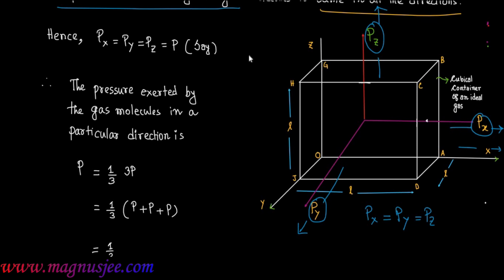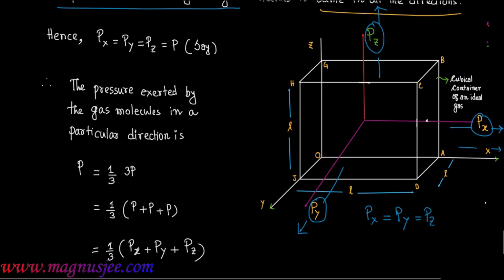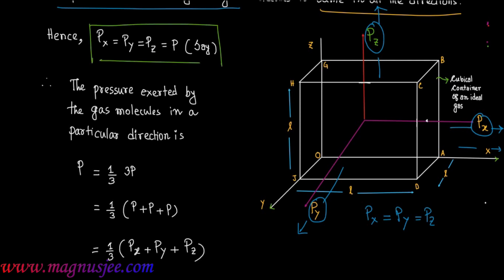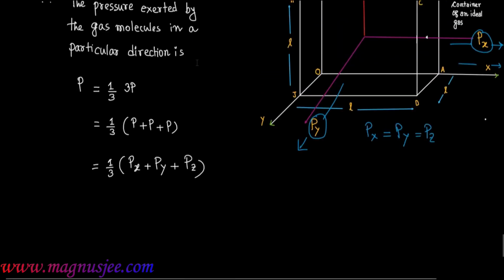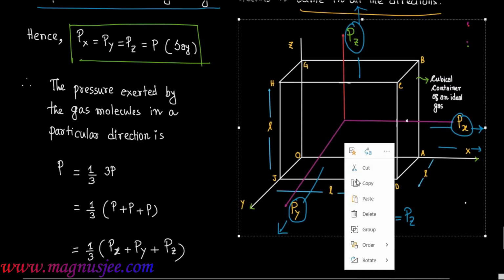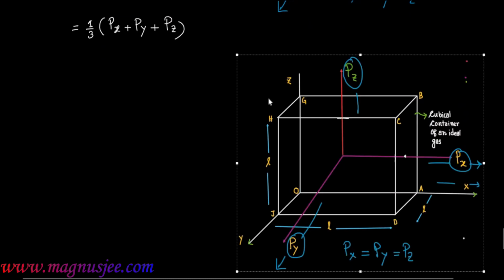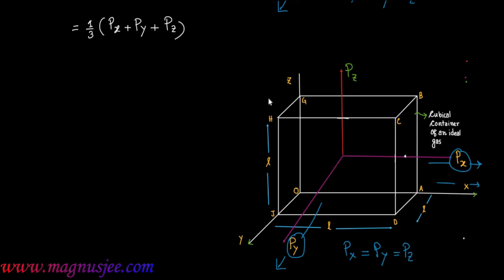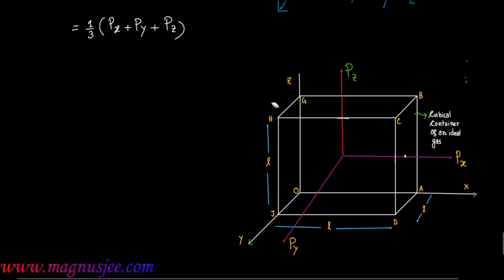Therefore, you can say that P equal one third Px plus Py plus Pz, because Px is equal Py equal Pz equal P. And finally, we get the expression of pressure exerted by the gas as one third Px plus Py plus Pz. That is the pressure exerted by the gas molecules in a particular direction.